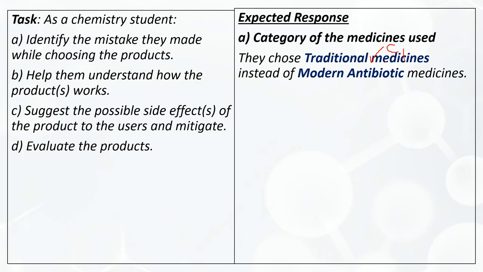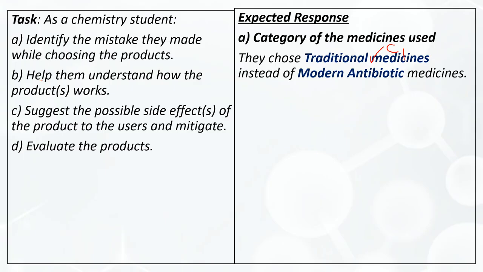You can see in the scenario that these people, in the end, didn't manage to get healed very fast. So they chose traditional antibiotic medicine instead of modern antibiotic medicines, and you get your score.